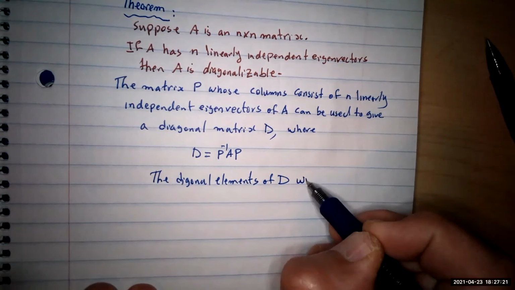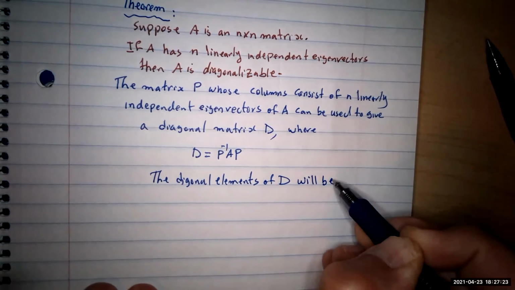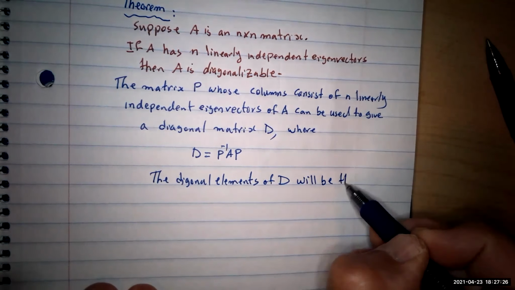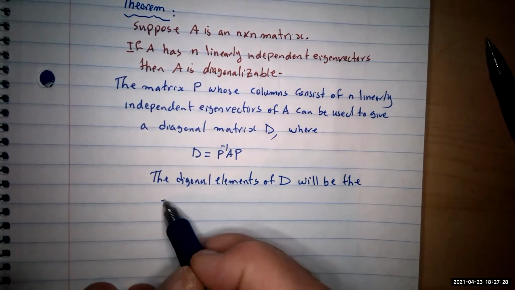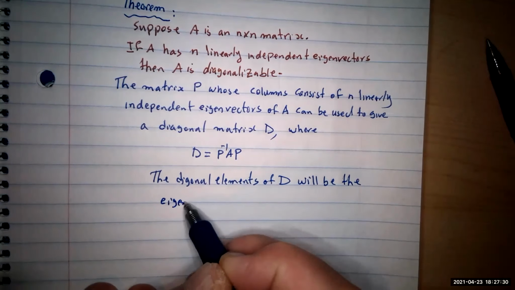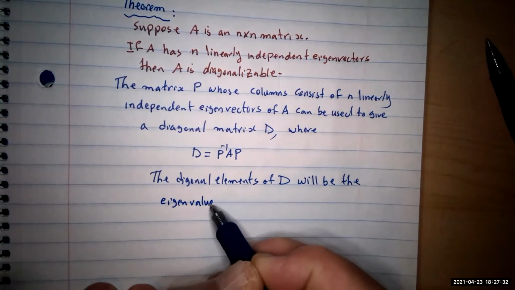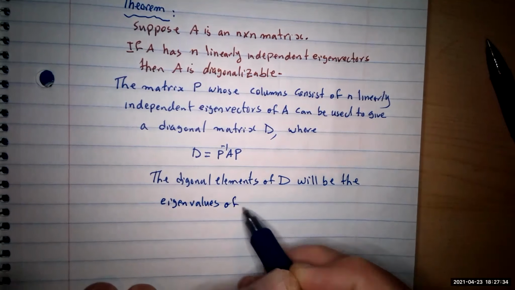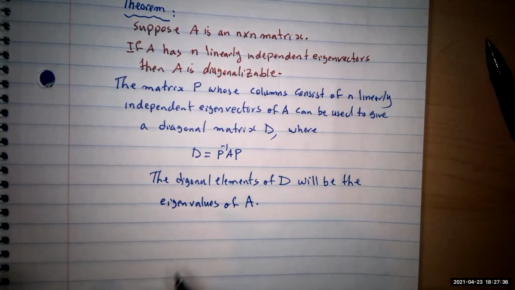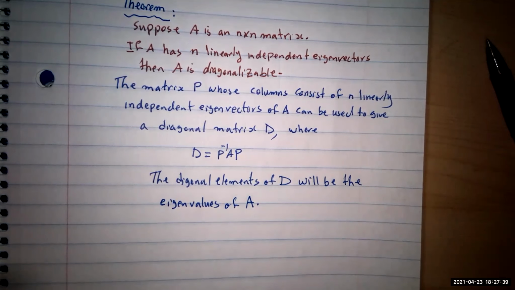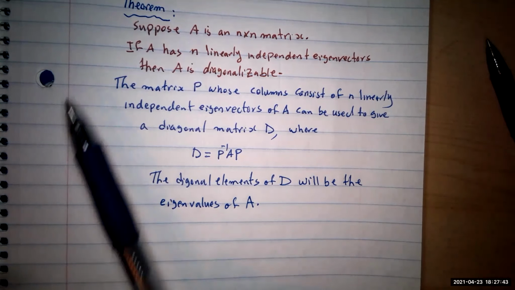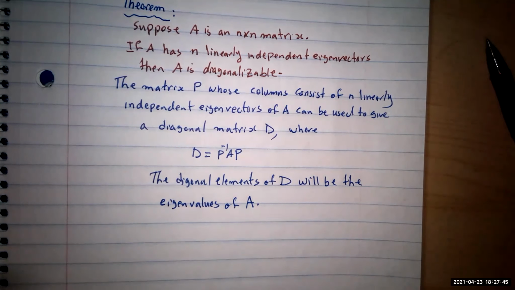They will be the eigenvalues of A. See, that's a roadmap for your theorems. So as you know the theorem, you can write D right away.